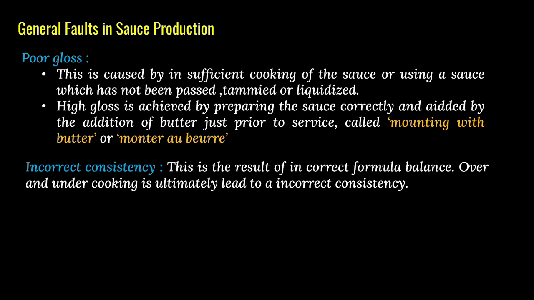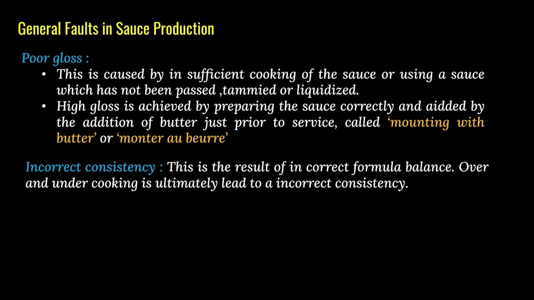Incorrect consistency. This is the result of incorrect formula balance. We all know how much roux and how much liquid is to be added. We have to remember those areas. If you are not remembering it, then definitely it will give a wrong consistency. Over and undercooking ultimately lead to an incorrect consistency. If you remember, in our previous session we mentioned we get a thickening effect in three ways.